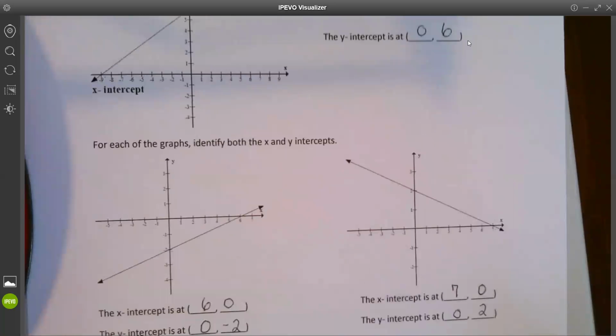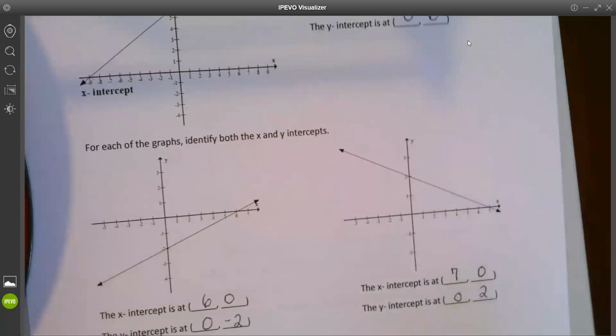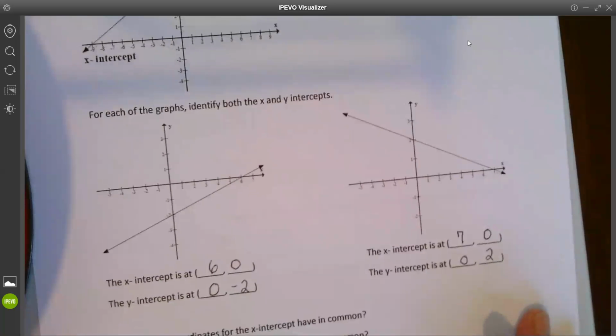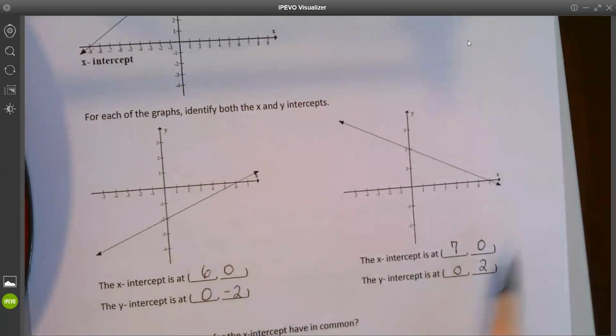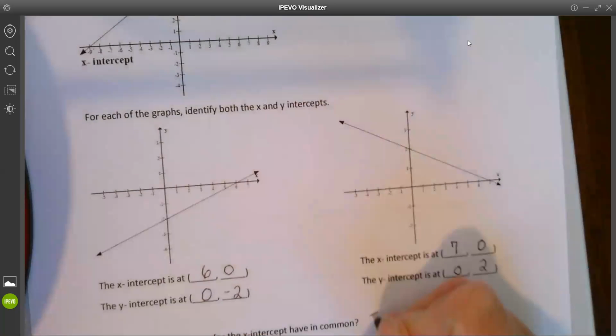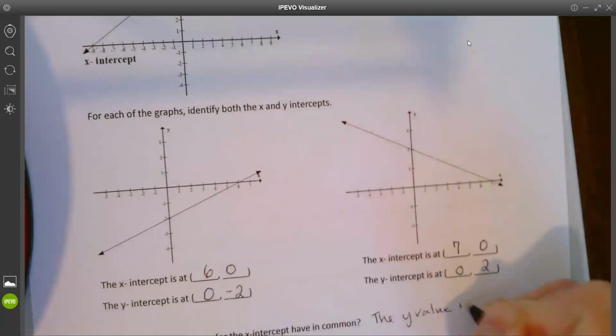I can't get all three of the graphs on the same view right now, but there are some commonalities here. If you look at the x-intercepts, what do all three x-intercepts have in common? Well, the y value is 0.